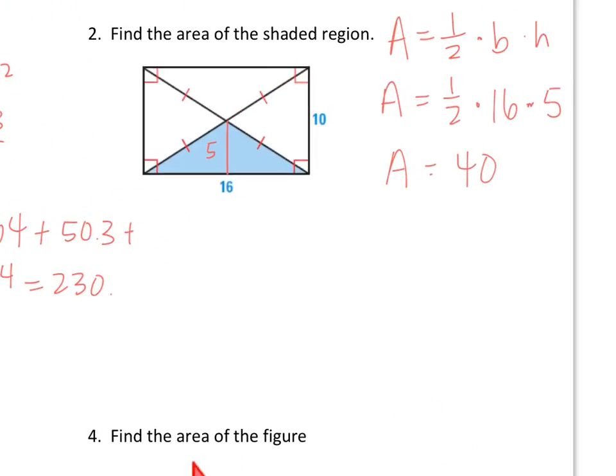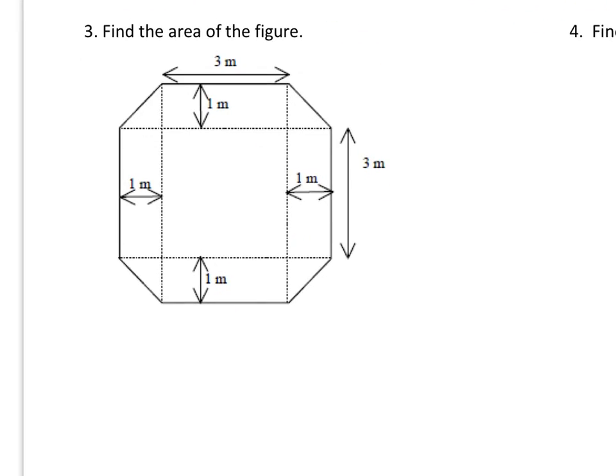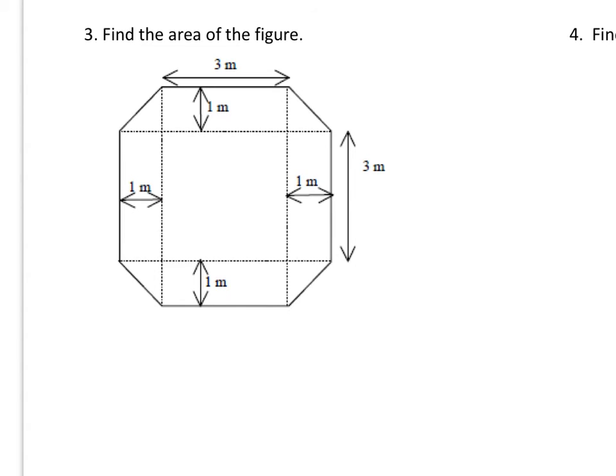Let's take a look at the next one. This one is also pretty quick, I think, because everything we need is labeled right there. So this square in the middle, the sides are 3 and 3. So base times height, 3 times 3, the area is 9.